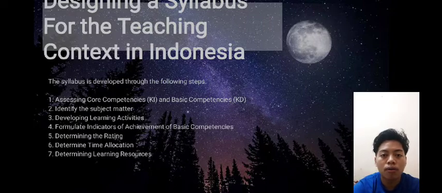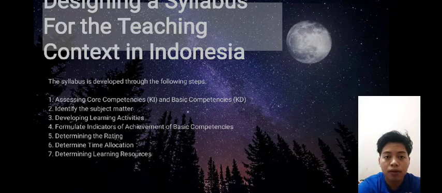Therefore, the instrument can be in the form of a written test, such as a description or essay test, multiple choice, filling in, matching. An oral test can be in the form of questions. A performance test can be in the form of an identification test, simulation test, product sampling test, or procedure work sampling test.